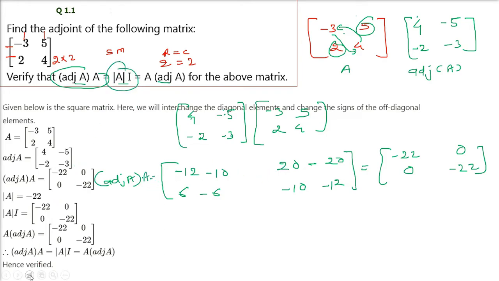Similarly, we have to find the determinant of A into I and A into adjoint of A. The determinant of A you need to know, this is a precursor.